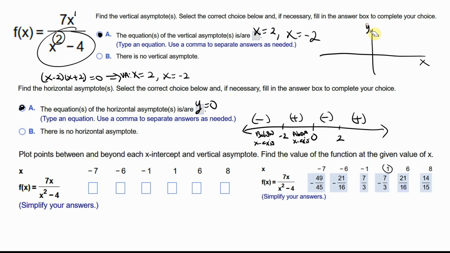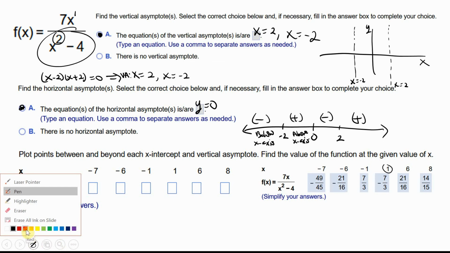So anyway, let's partition. This is the y-axis. I already got x there. Find the vertical asymptotes: x equal to -2, x equal to 2. The horizontal asymptote was the x-axis, y equal to 0.